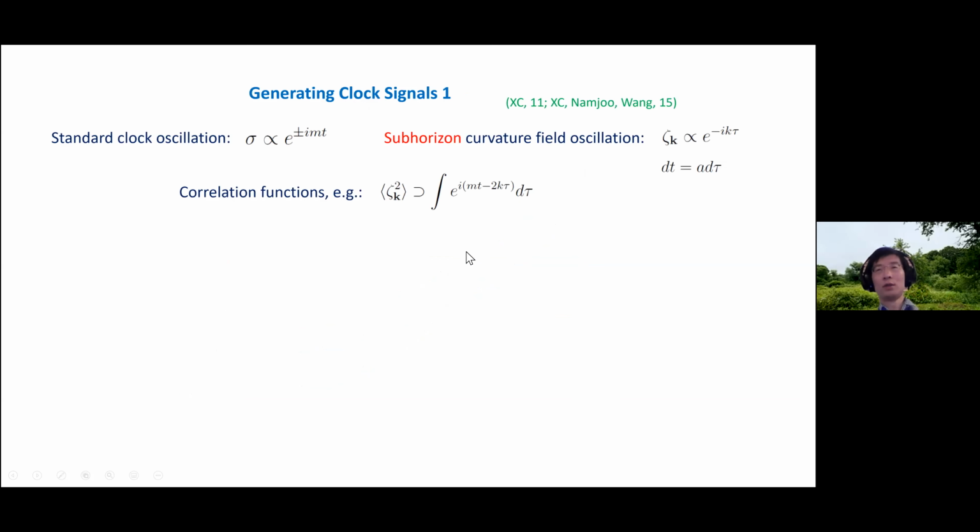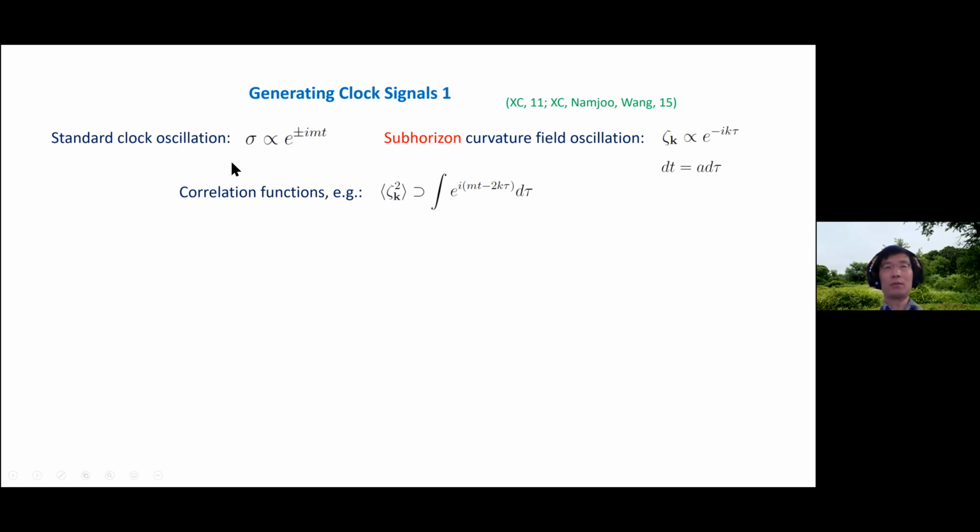Okay, so I mentioned the resonance when these two values coincide. The reason behind that for it to generate the clock signals is the following. This is the first mechanism. I'll introduce the second mechanism shortly.